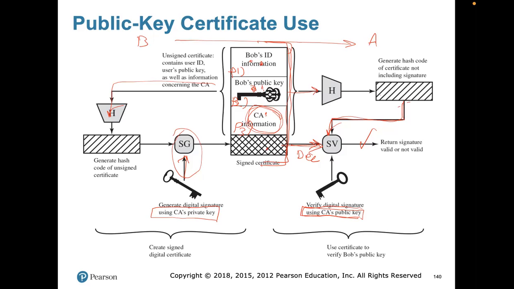In that case, Alice can trust that public key and use it for future secure communication with Bob. And of course, the same thing may happen between Alice and Bob.